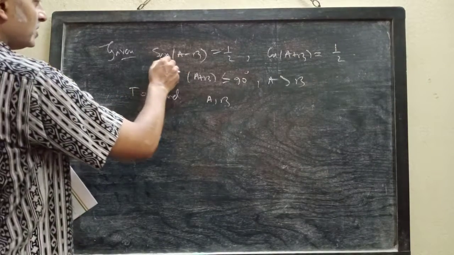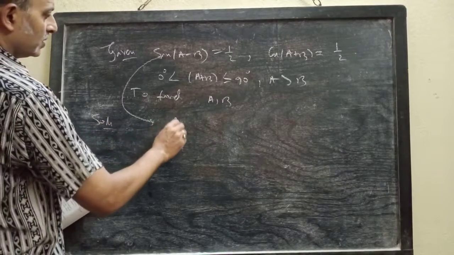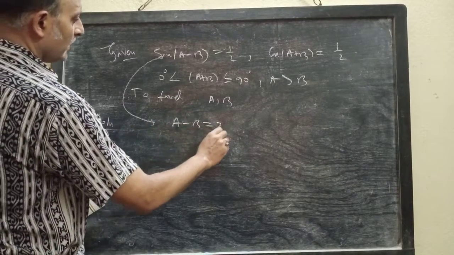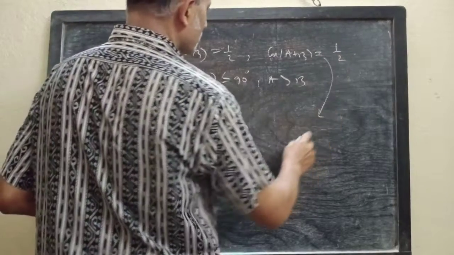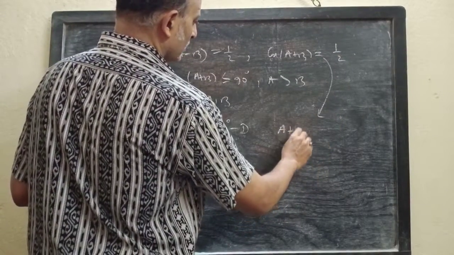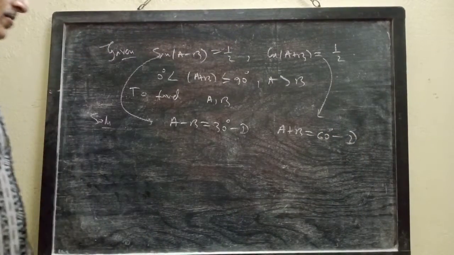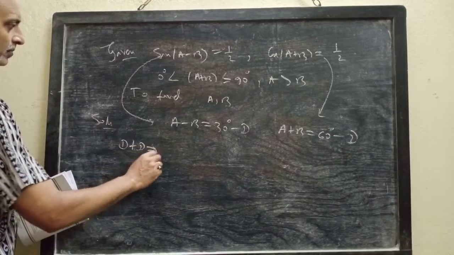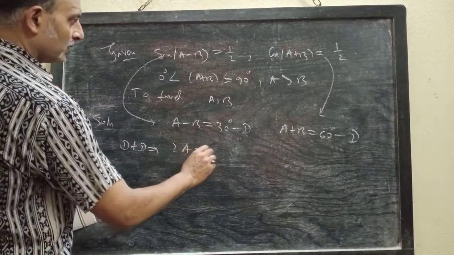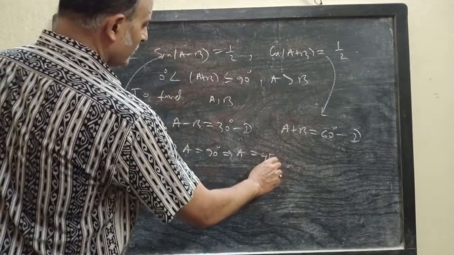Now, from this relation, we get A minus B equals 30 degree. This is number 1 equation. And from this relation we get A plus B equals 60. This is number 2 because cos 60 is half. Now adding 1 and 2, we get 2A equals to 90 degree. That means A equals to 45 degree.